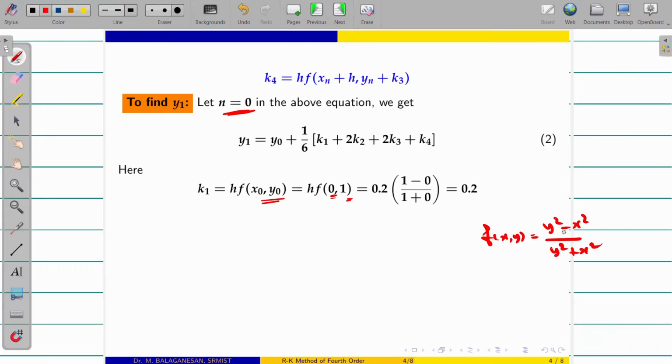You can insert this formula in your calculator like this: alpha y square minus alpha x square, divided by alpha y square plus alpha x square. The brackets should be proper to avoid mistakes. Then press the CALC button, and there will be a question mark asking what x is.